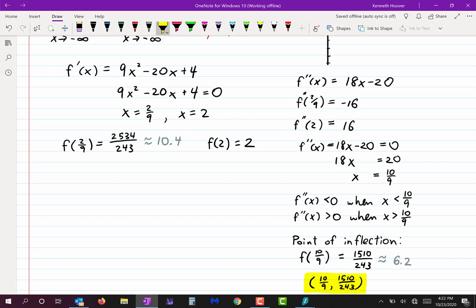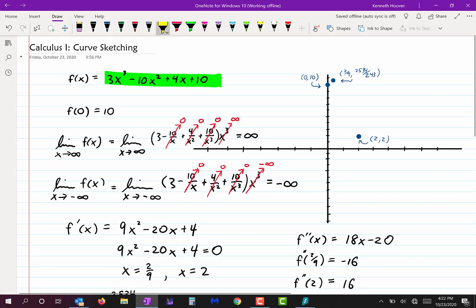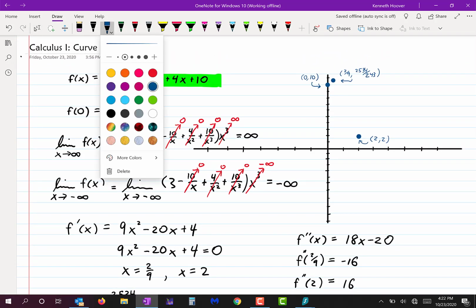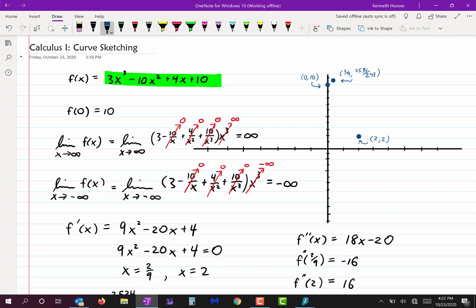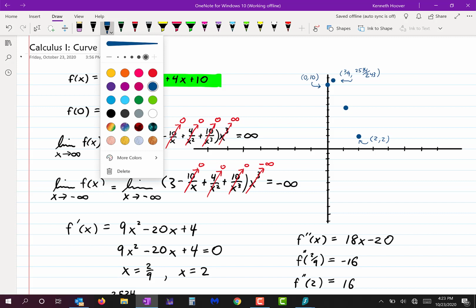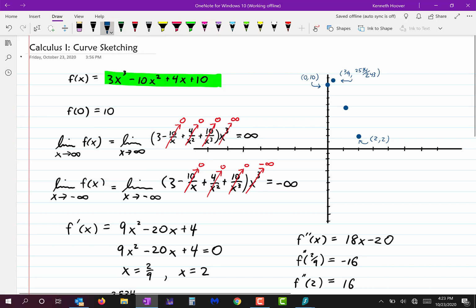So where are we going to graph that? 10/9 is just a tiny bit bigger than 1, and 1510 over 243 is just a little bit bigger than 6. So that point of inflection will be right about here. Right about there. That's our point of inflection.